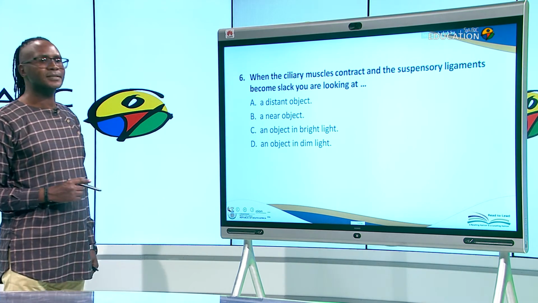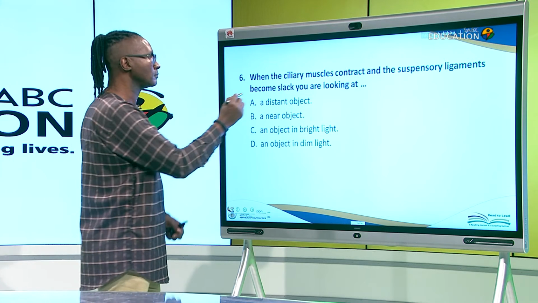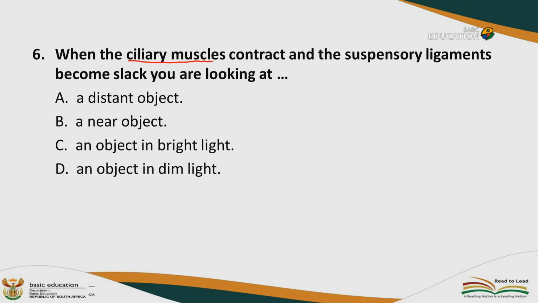When the ciliary muscles contract, not circular, and the suspensory ligaments are mentioned, that means this question is on accommodation. When the ciliary muscles contract and the suspensory ligaments become slack, you are looking at near vision.